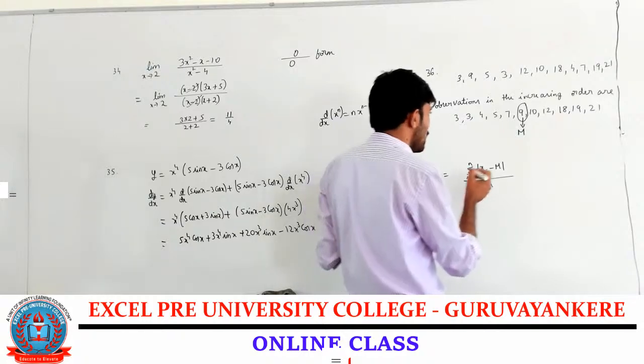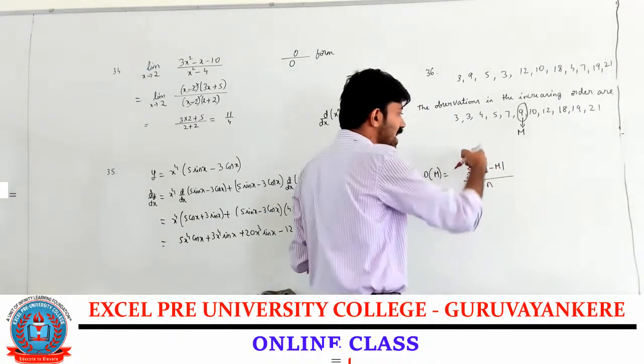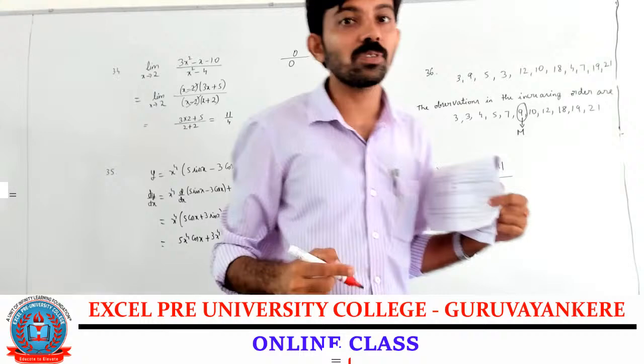Calculate xi minus M, then take absolute values. Modulus will give absolute values, correct?